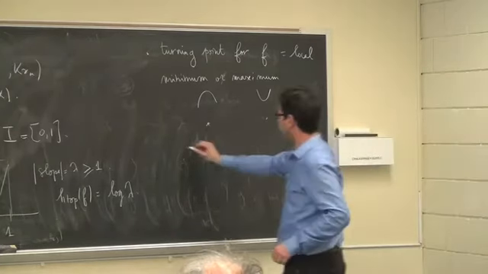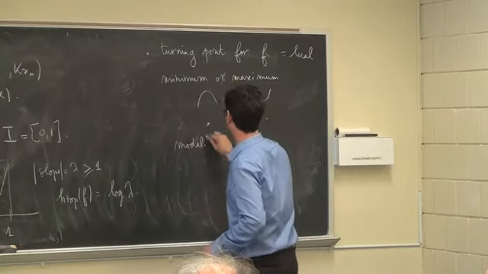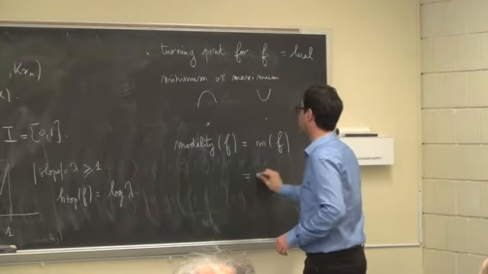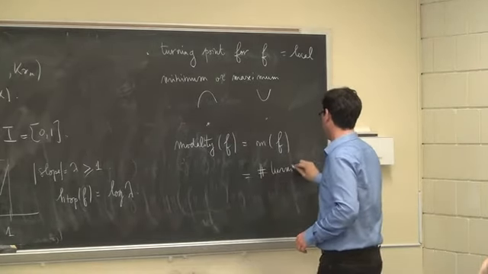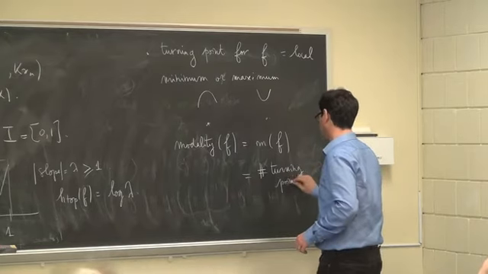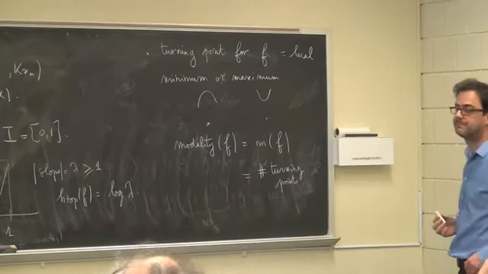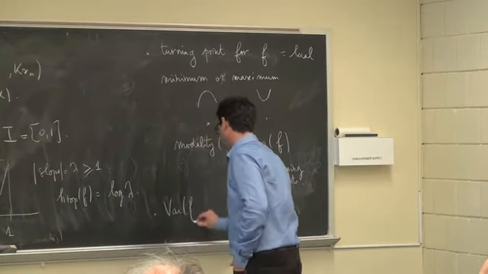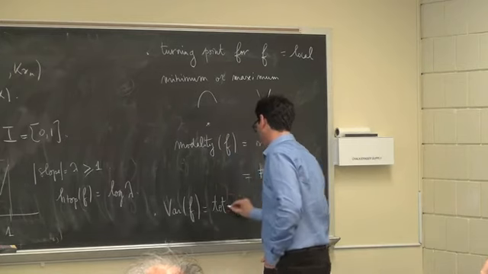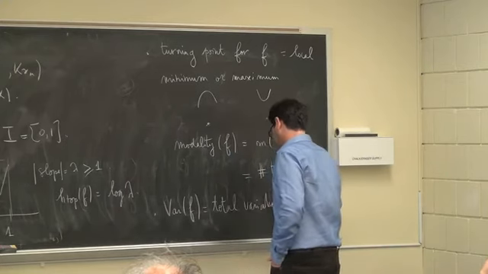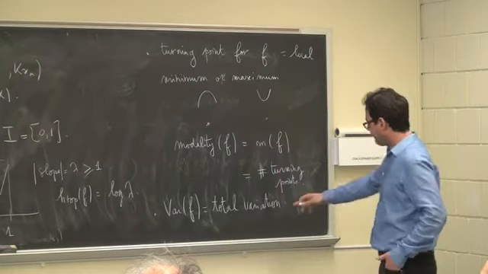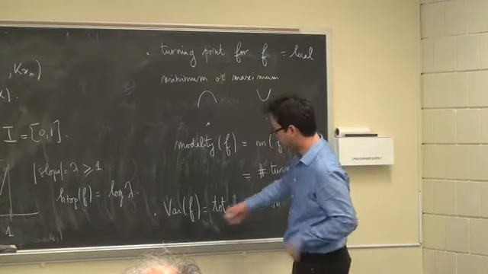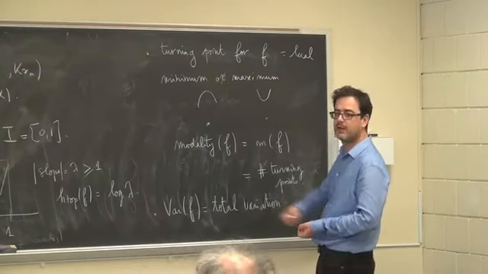And now the modality of f, the m of f, is just the number of turning points. And the total variation of f, so it's just the length of the curve f when you think of f as a path in the interval, parameterized by [0, 1].